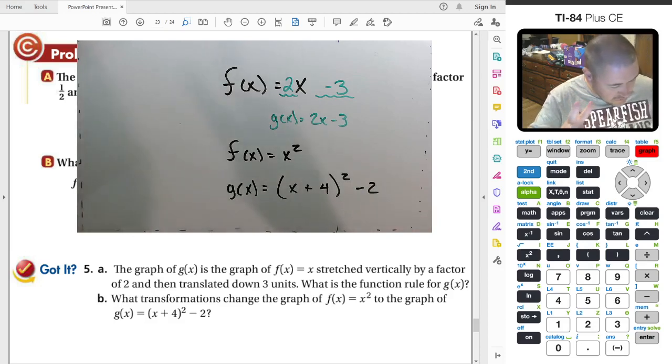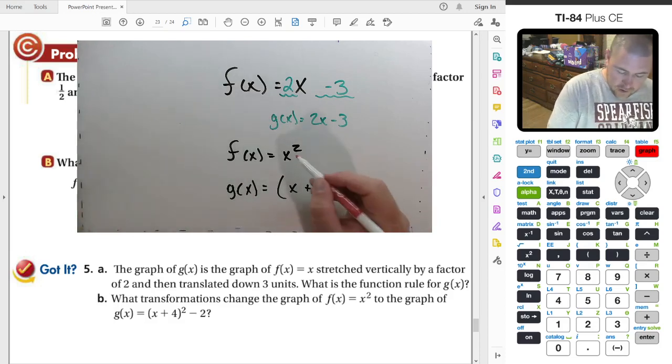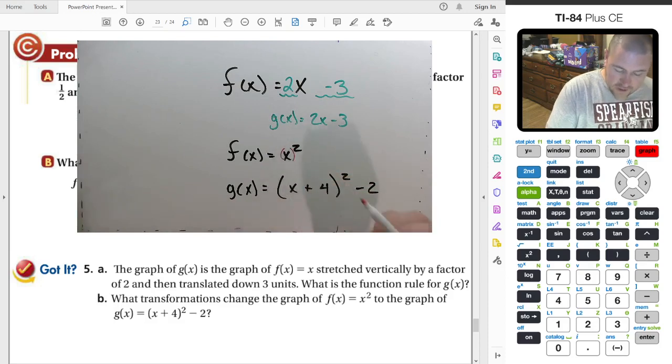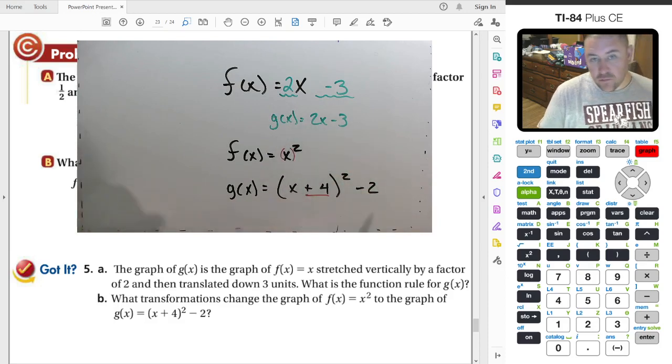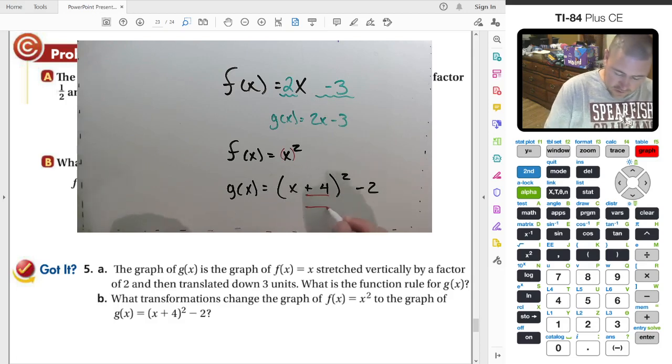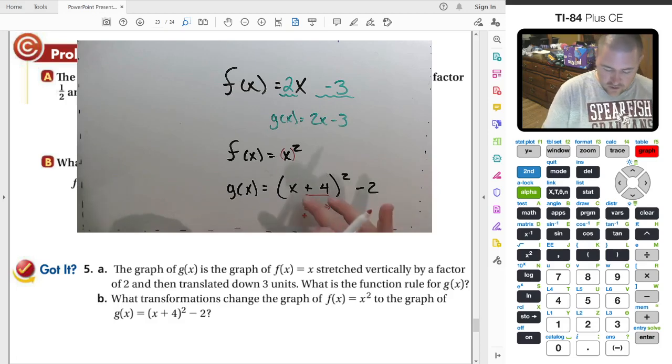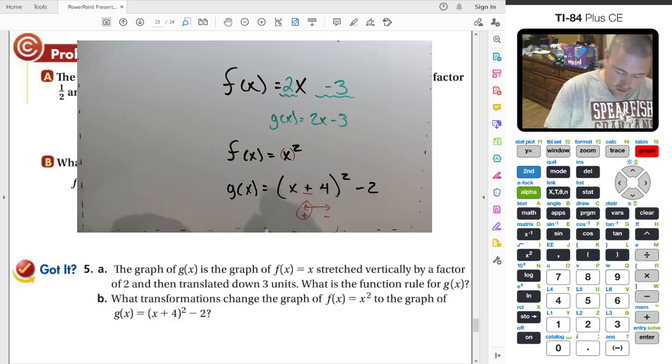So I noticed 2 things that happened. 1, there wasn't anything grouped with the x. Now there's a plus 4 grouped with the x. Go back to your notes. This is horizontal translation land. And it's always backwards, so because it's plus 4, I'm actually doing a horizontal translation left 4 units.